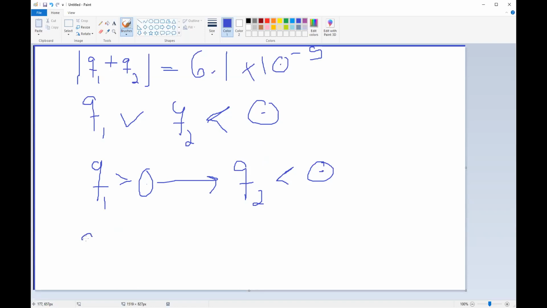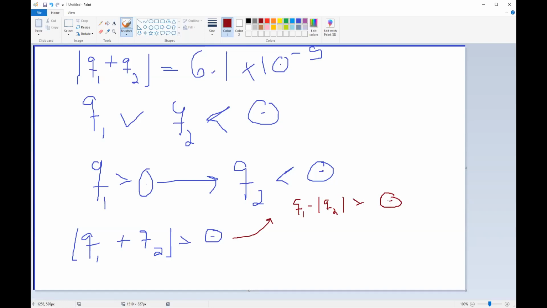So Q1 is the larger of the two because 6.1 times 10 to the negative 5th is equal to Q1 plus Q2, and this is greater than 0. Our last step is to say we've got a Q1 minus something less than 0, plus something less than 0, is equal to something greater than 0.